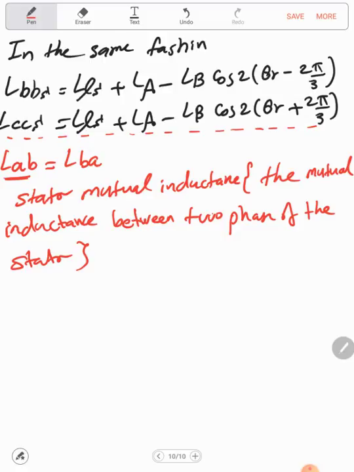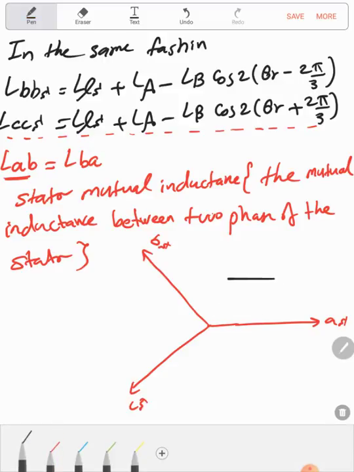So here, let's assume that this is the AS, and this is the BS, and this is the CS. Let's assume this is the rotor, and this is the direction.